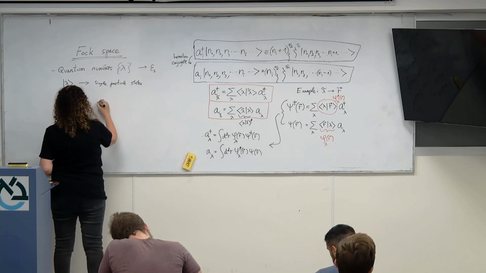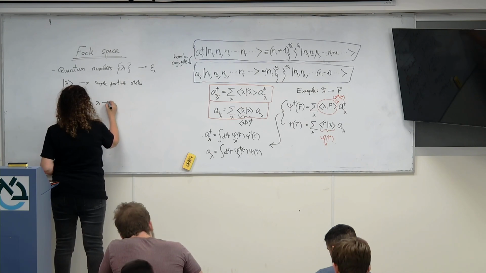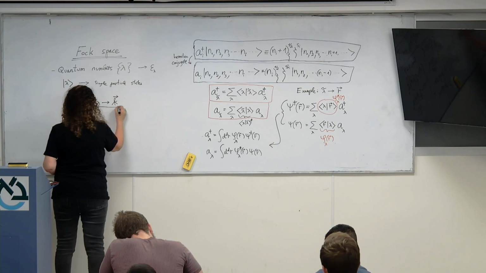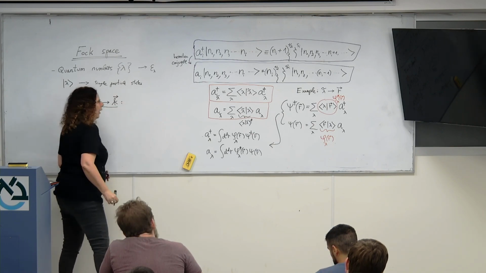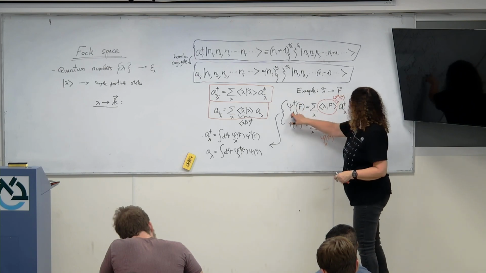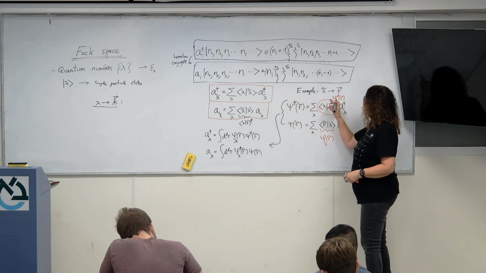So let's take lambda to be the wave vector k. And let me first apply the general formula here.